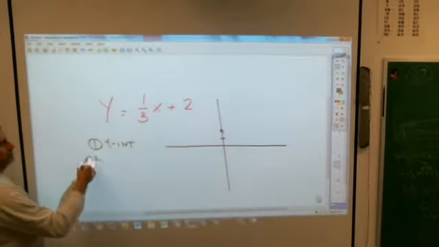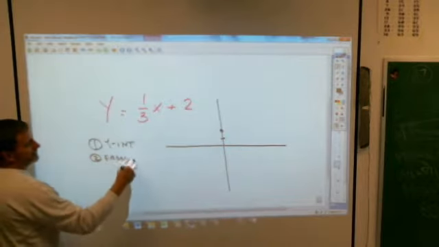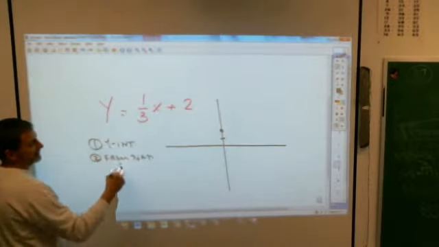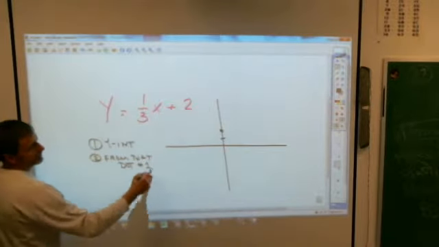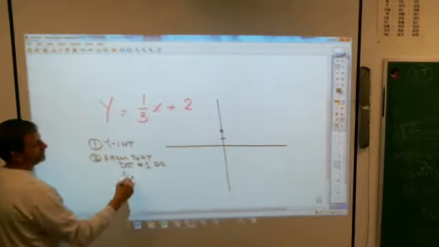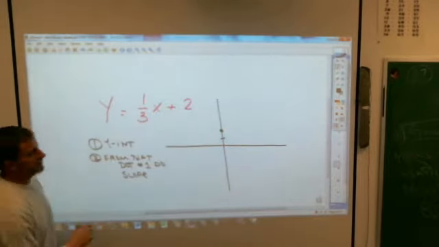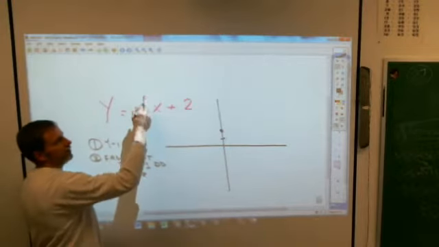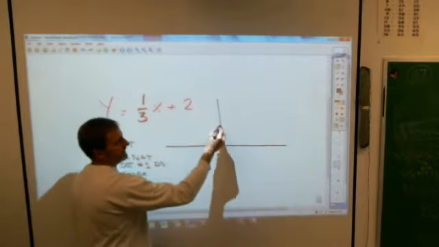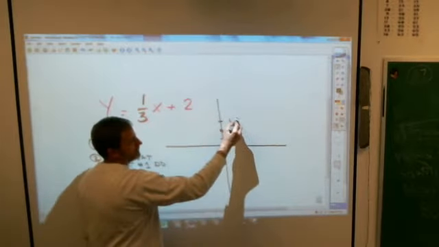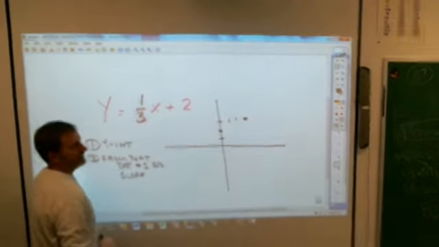Step number 2 is, from that dot, do the slope. In this case, the slope is 1 up, 3 over. So from this dot, I go 1 up, 3 over, and that is my 2 points.